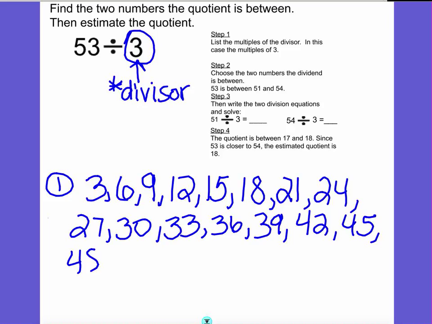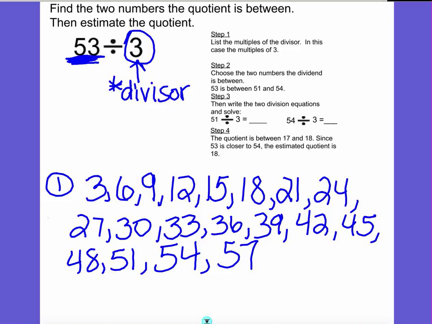So 45, 48, 51, 54, 57. Now I'm going to stop. The reason why I'm stopping is because I have to get past 53, and I did go a little far, but that's my stopping point.